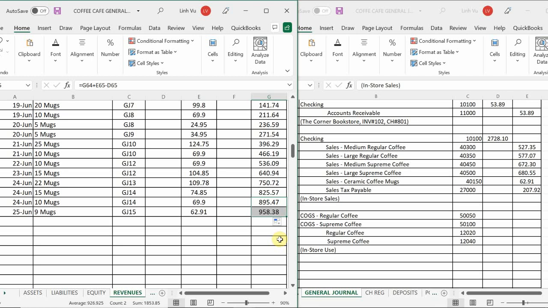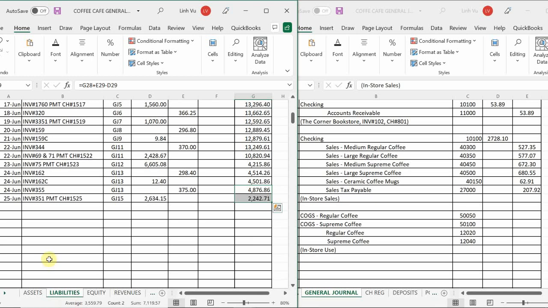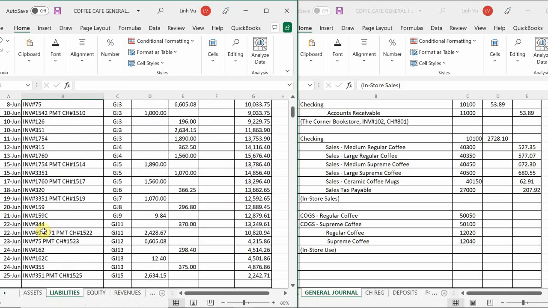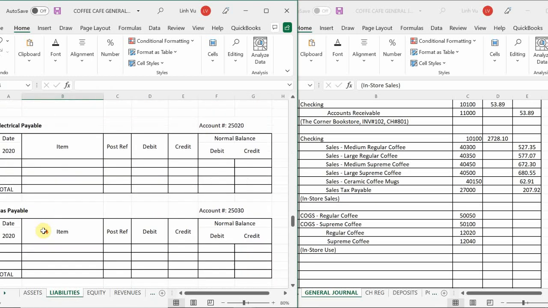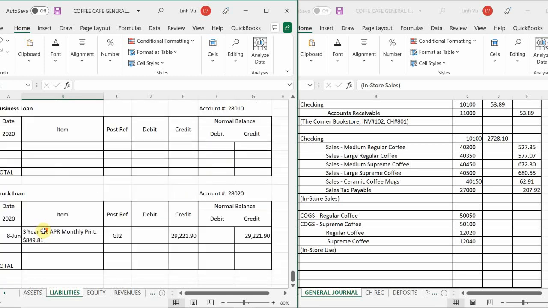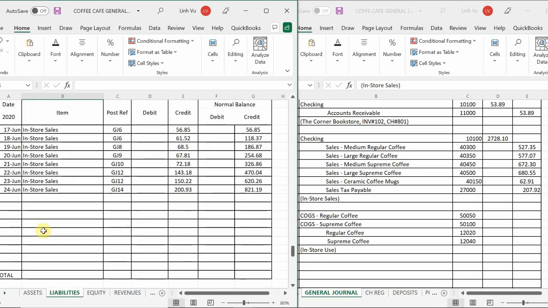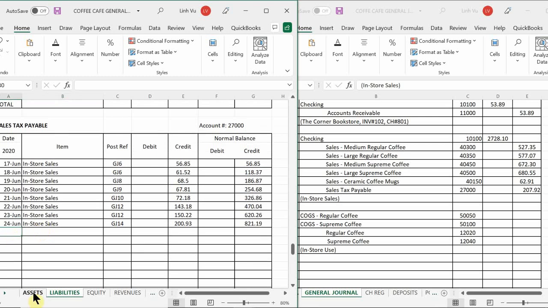And then last but not least, we got some sales tax, for $207.92.